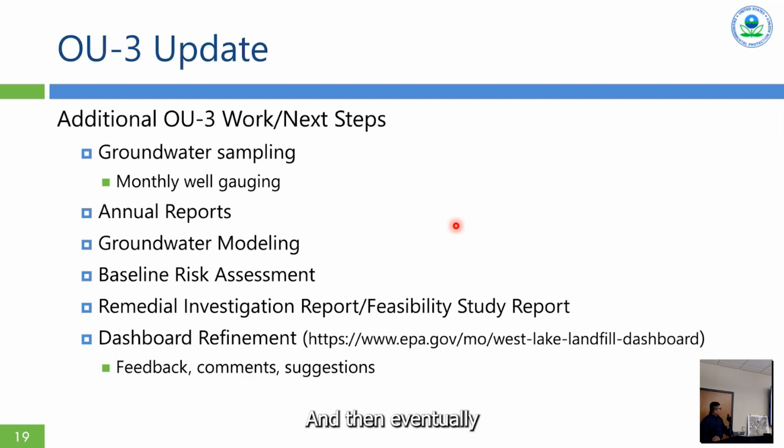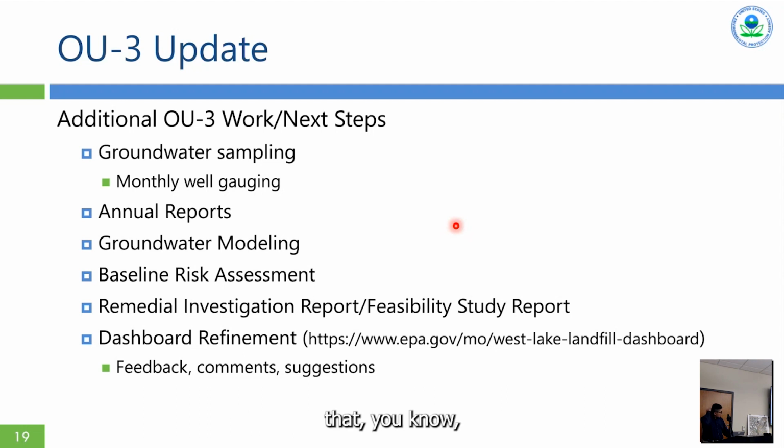And then eventually there will be a remedial investigation feasibility study report. Again, that's after all the sampling of the well network is completed and the completion of the risk assessment for that.